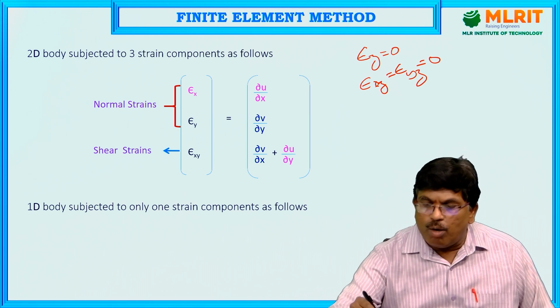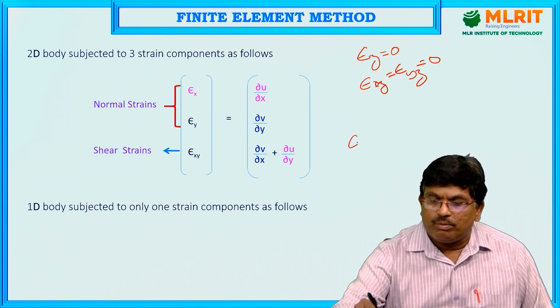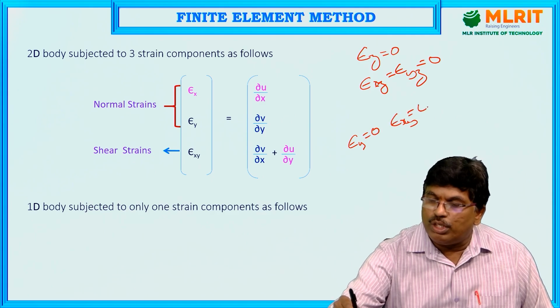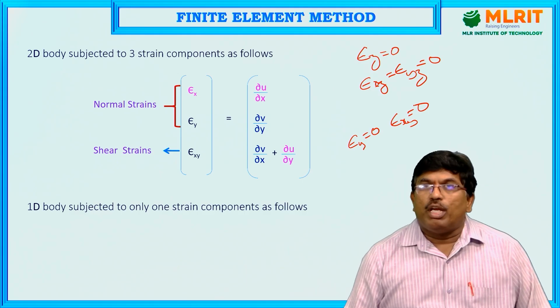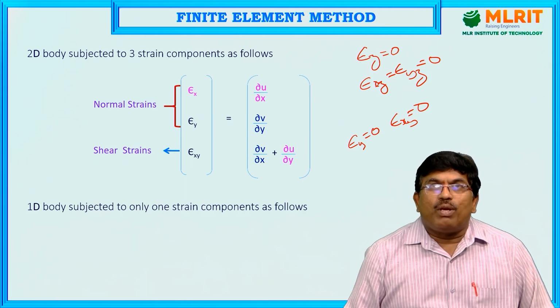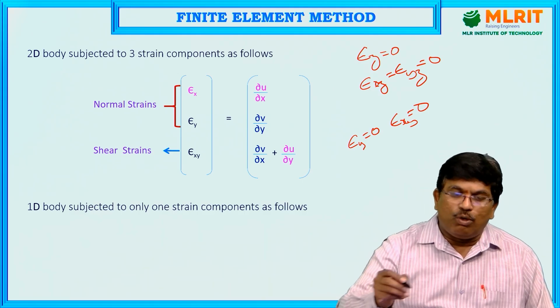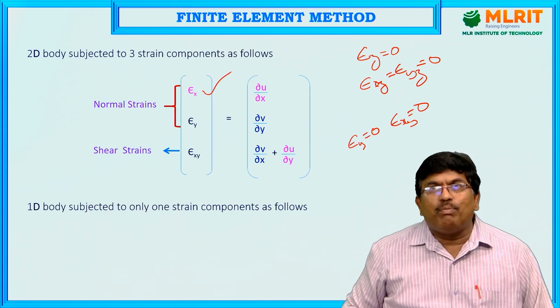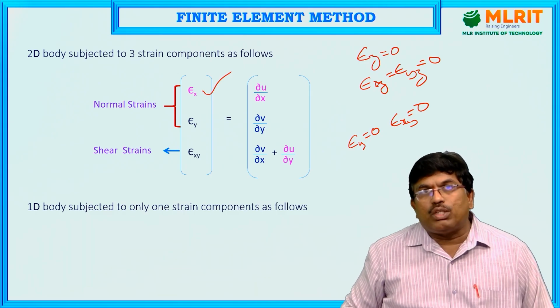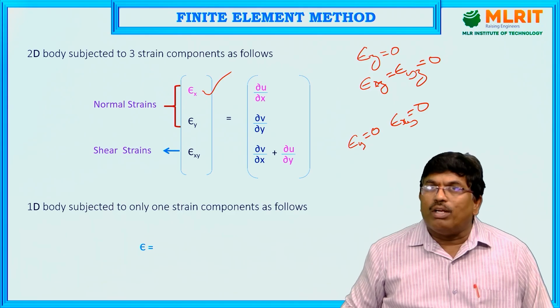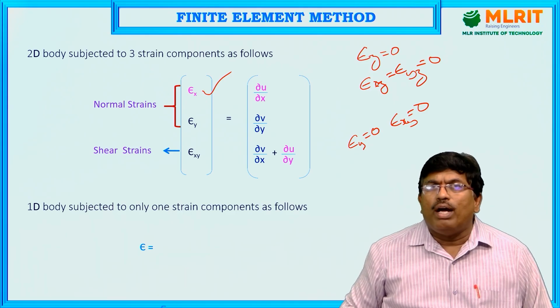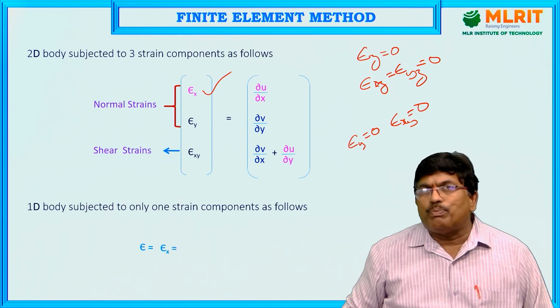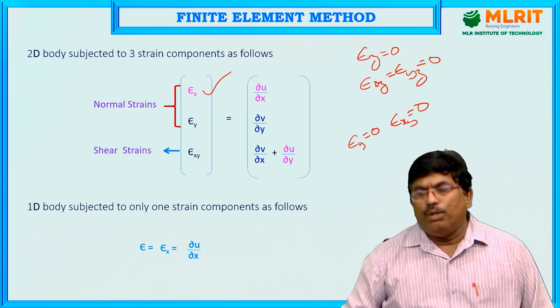So epsilon y equal to 0 and epsilon xy also equal to 0 in the above equation. So we have only one remaining, epsilon x. So in one dimension, we have only one strain component, which we can simply call epsilon. Otherwise, we take epsilon equal to epsilon x equal to dou u by dou x.